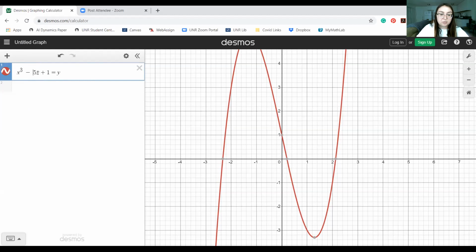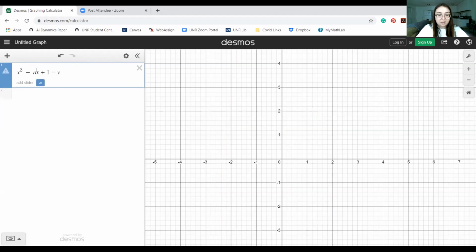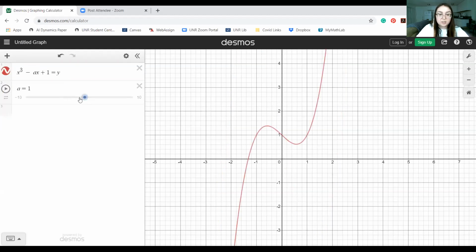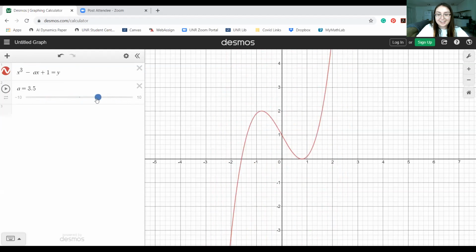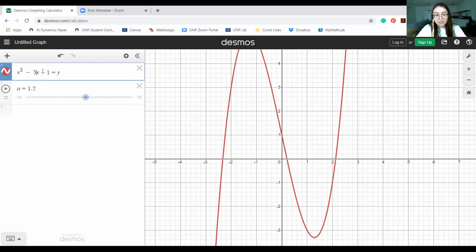For example, if we wanted to put in A, you can add a slider of A, so you can play with different values of A and see how your graph ends up looking kind of crazy. But those are some things that you can do with Desmos. Desmos is a really helpful tool that you can use anytime in this class, so please, by all means, use Desmos.